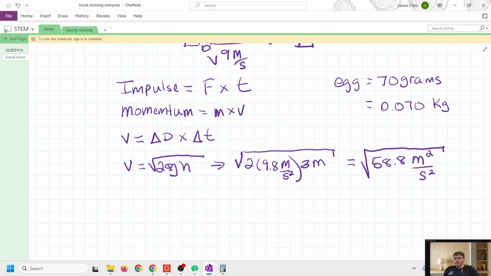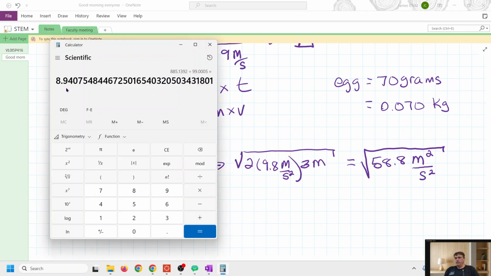So next, let me pop up a calculator here. I've got 58.8, and I want to take the square root. Where's my square root on here? Yep, that's it.